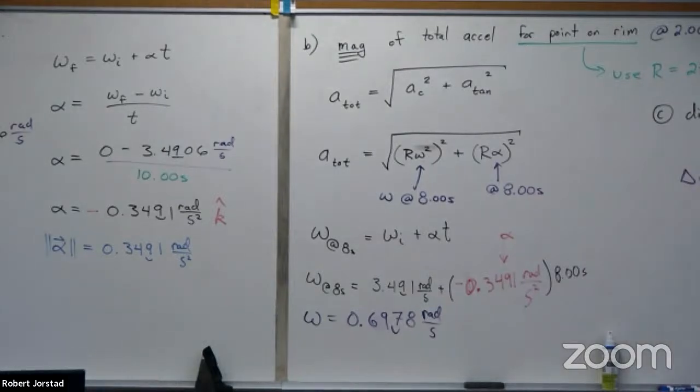We know this, we know this, we know this, we know this. We can get delta theta. And then how do I get the distance traveled? That's the arc length. And you got it. Feeling good on that?